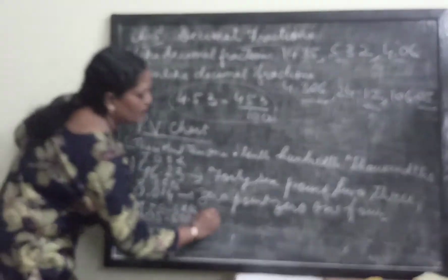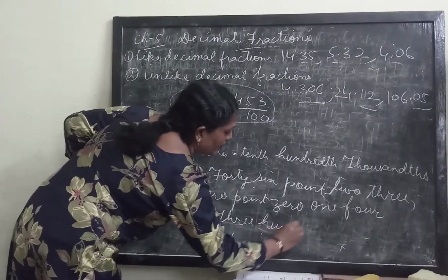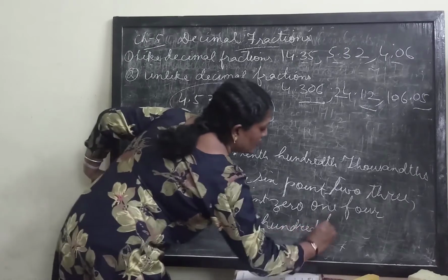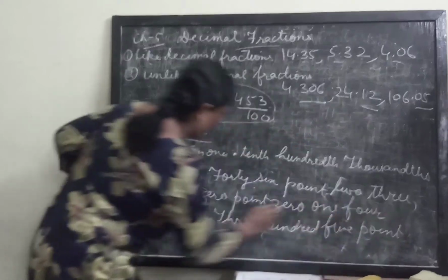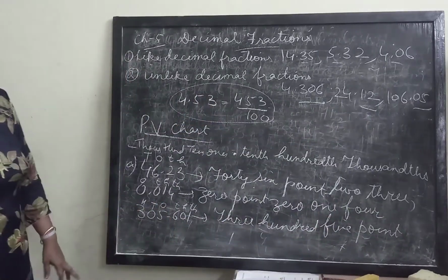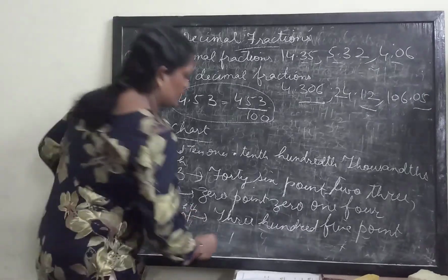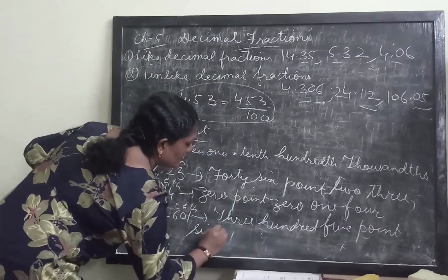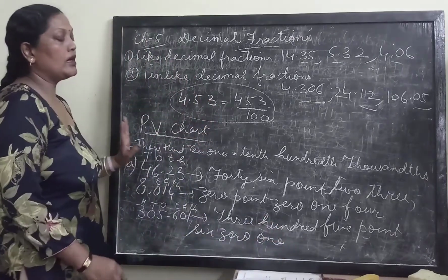You will write 305 point. What will you write next? You should not write 601. It is wrong. You will write 0.601.